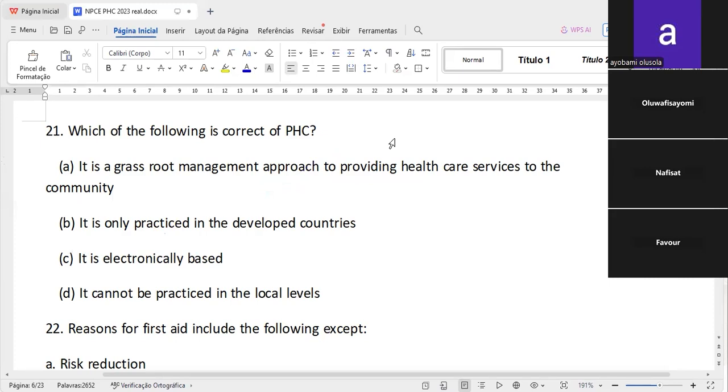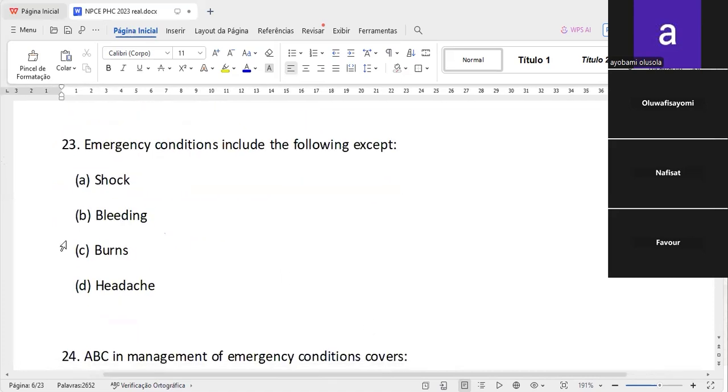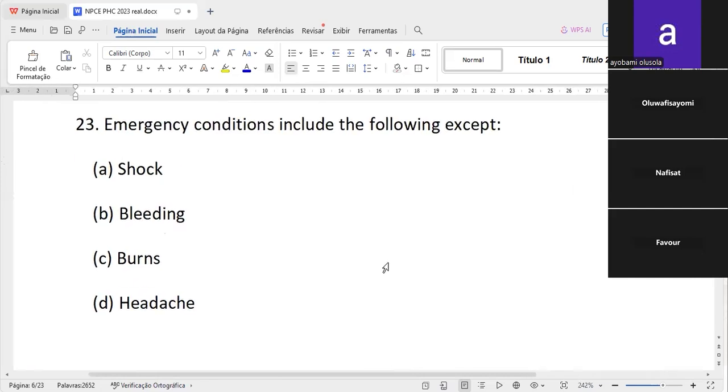Reasons for first aid include the following, except C, increased mortality rate, because mortality means death. So first aid will not increase death. Emergency conditions include the following, except headache. Correct.